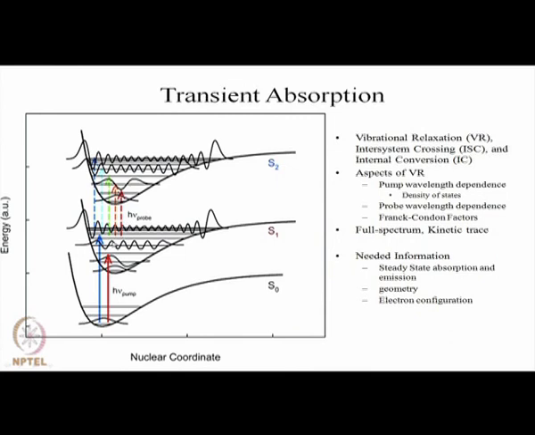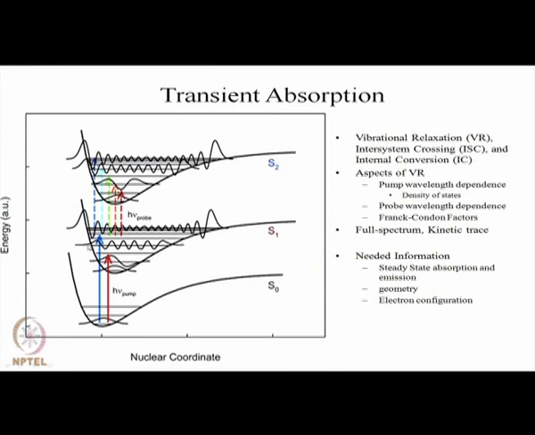So you can probe this process, from here to the upper states, so that you can get information on the positions of various levels, and also what is happening immediately after excitation, whether it is coming back to here or doing something else, okay.